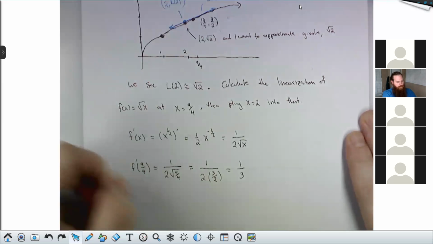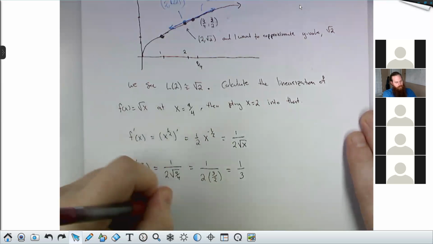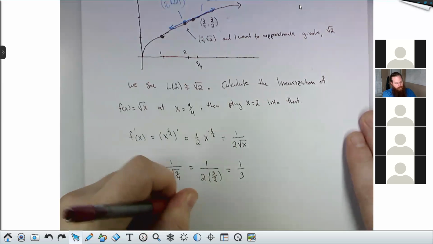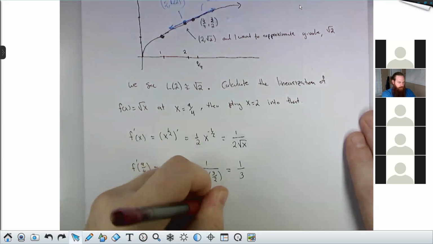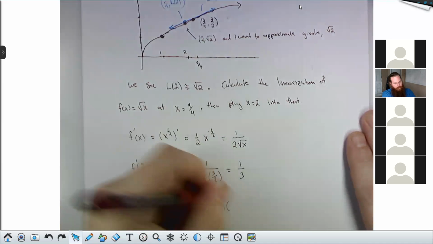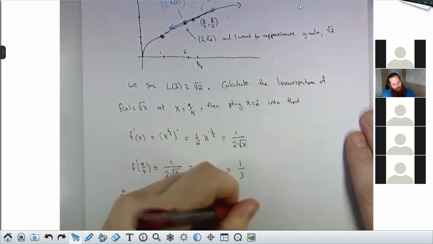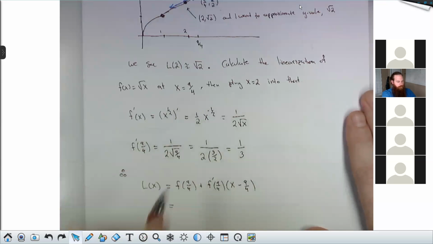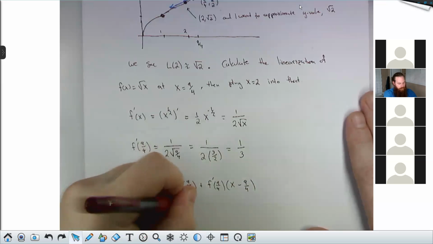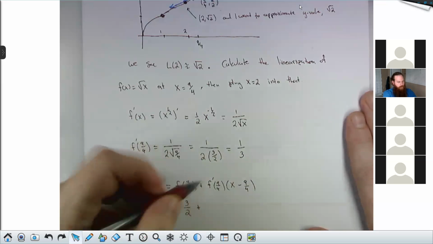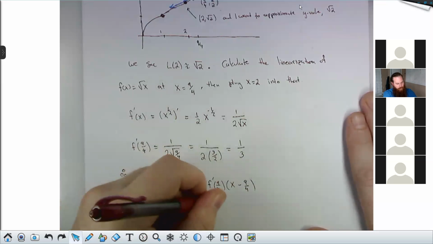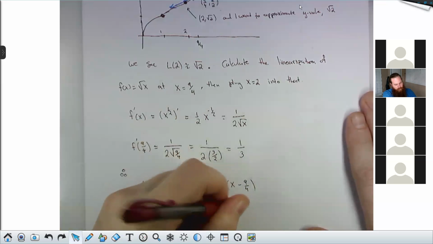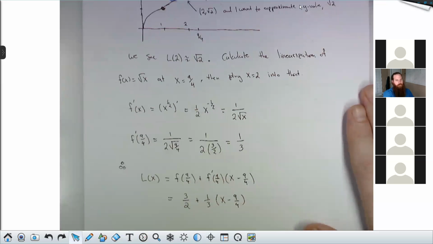This tells me that L of x, which is f of 9/4 plus f primed of 9/4 times x minus 9/4. F of 9/4 is the square root of 9/4, which is 3/2, plus f primed of 9/4, we just figured out that's 1/3, times x minus 9/4. This is L of x.